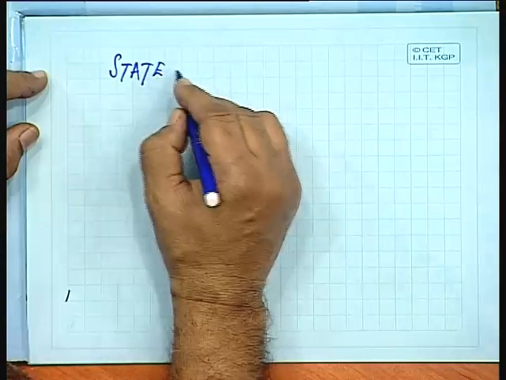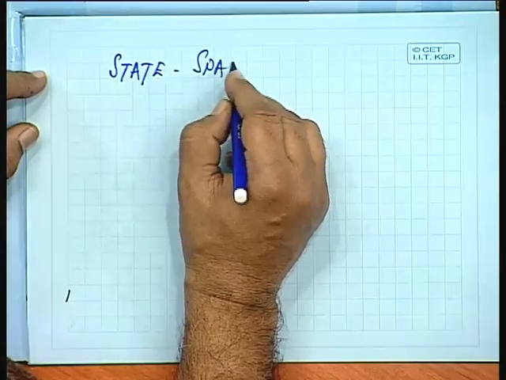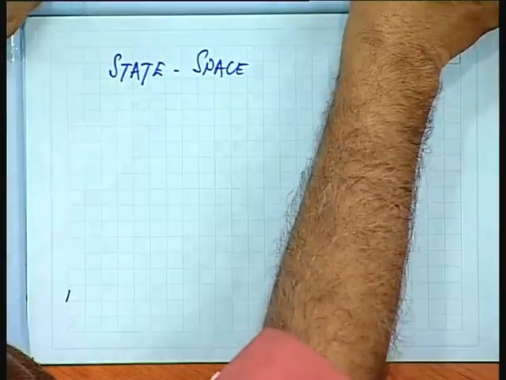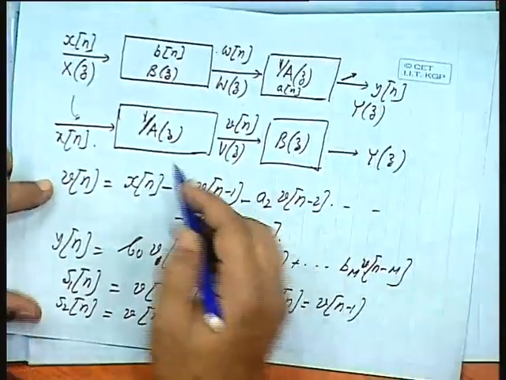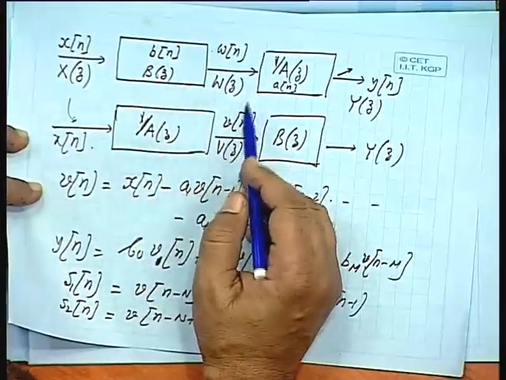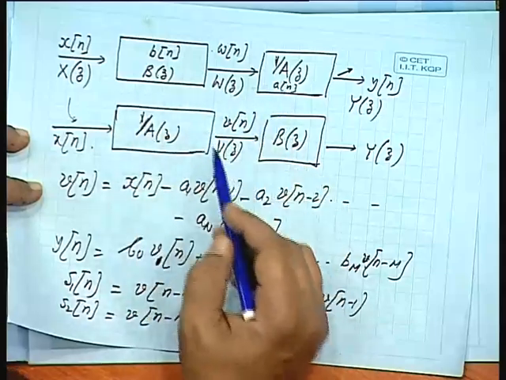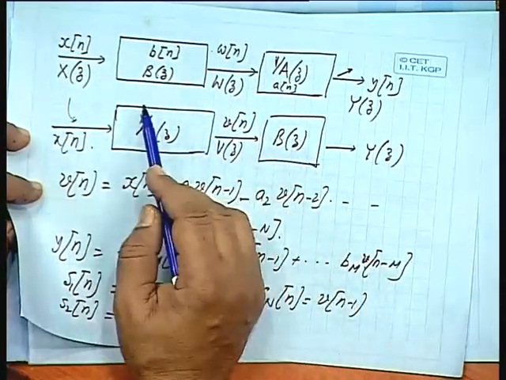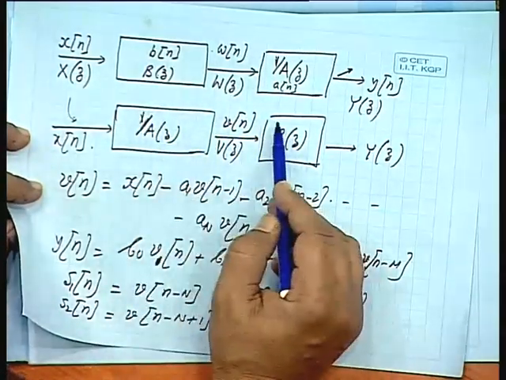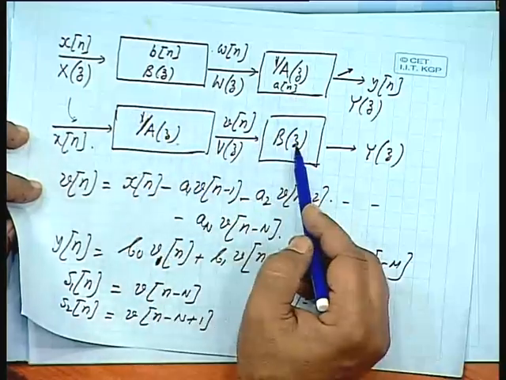Last class we started discussions on state space representation of discrete systems. If you remember, we took up a system like this. Bz by Az is the transfer function. We broke it up into two parts, the numerator and the denominator, they were segregated. It can be either this way or this way.